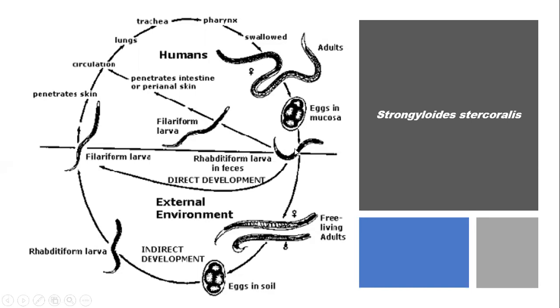However, at times, the juvenile worms are passed out in the stool. In the environment, they can actually develop into separate sexes. So you have the female and the male worm, but they are feeding on environmental microbes. They are not causing any infection. They can mate and they start producing eggs in the soil. Usually the soil must be warm and moist. That's why these agents are prevalent in the tropics and the subtropics.